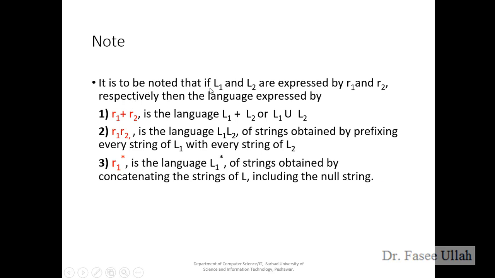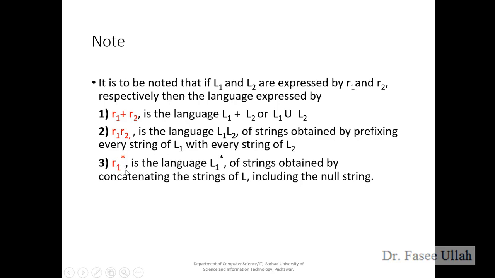Further, it is to be noted that if L1 and L2 are expressed by R1 and R2 respectively, then the language can be expressed in the following way: R1 plus R2 is the language that could be represented by L1 plus L2, which is again the union symbol. If we have R1 and R2, we can just omit the operator symbol and mention L1 L2 straightforwardly.